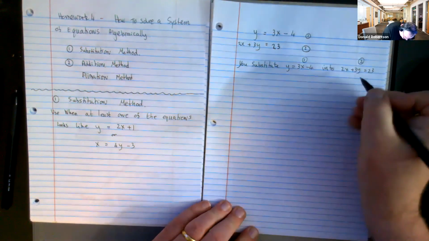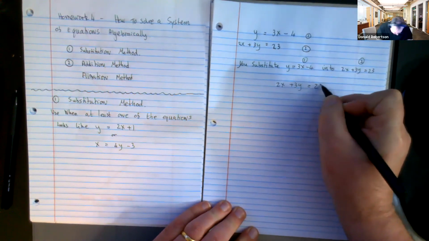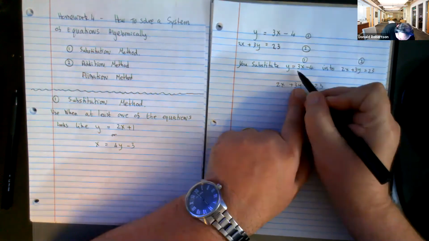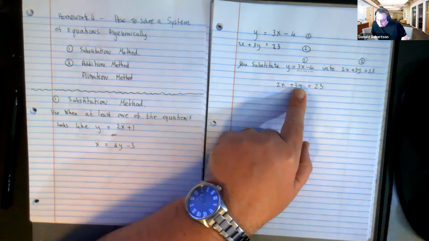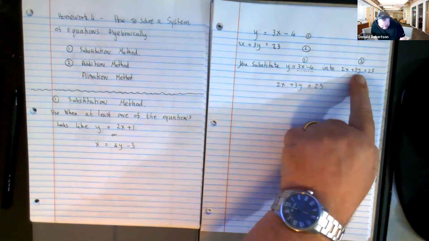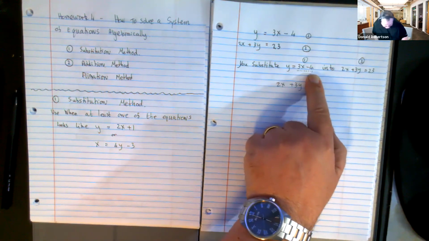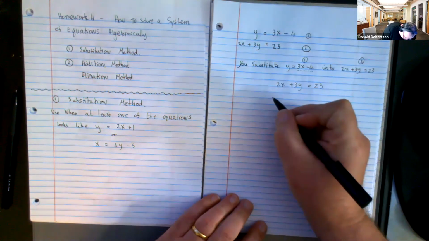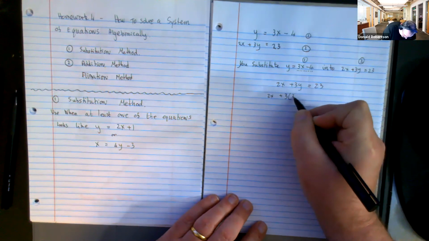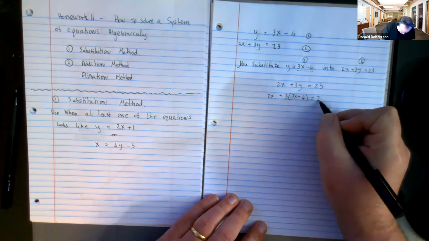Well, you write this down, and then see this y that my finger is pointing at? He gets replaced by that. Because what this is saying is y is equal to this. That means anytime you see a y, you can replace it, substitute is another word for that, by 3x minus 4. So what I've now got is 2x plus 3y becomes 3 lots of 3x take away 4, equals 23.